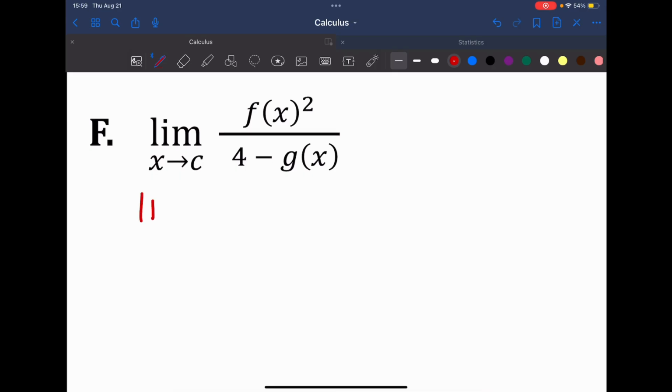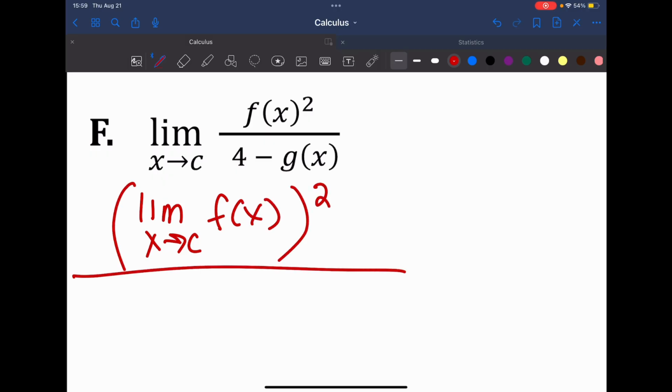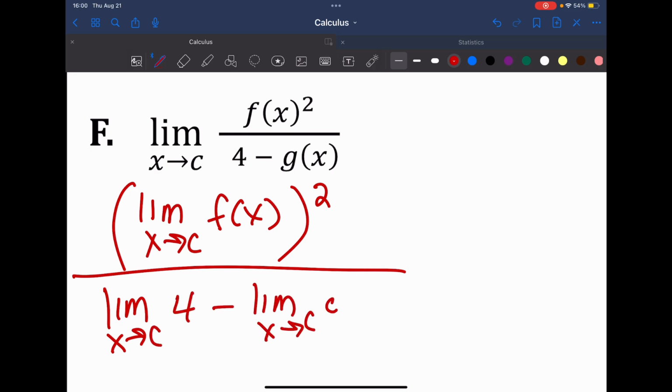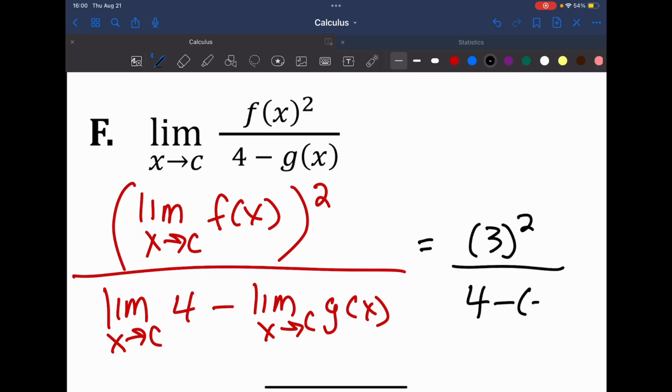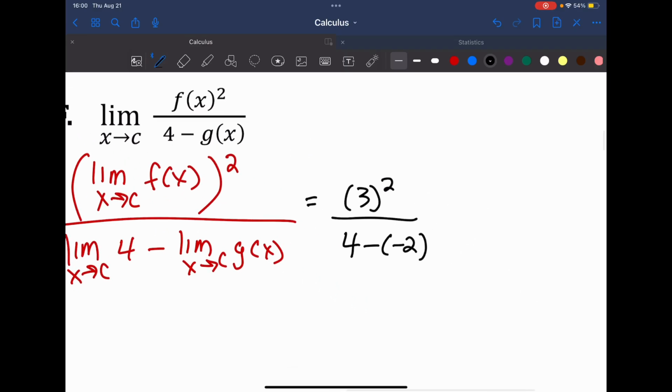So this is going to be the limit as x approaches c of f of x squared divided by the limit as x approaches c of 4 minus the limit as x approaches c of g of x, which is going to equal 3 squared over 4 minus a negative 2, which gives me 9 divided by 6, which is 3 halves as my answer.